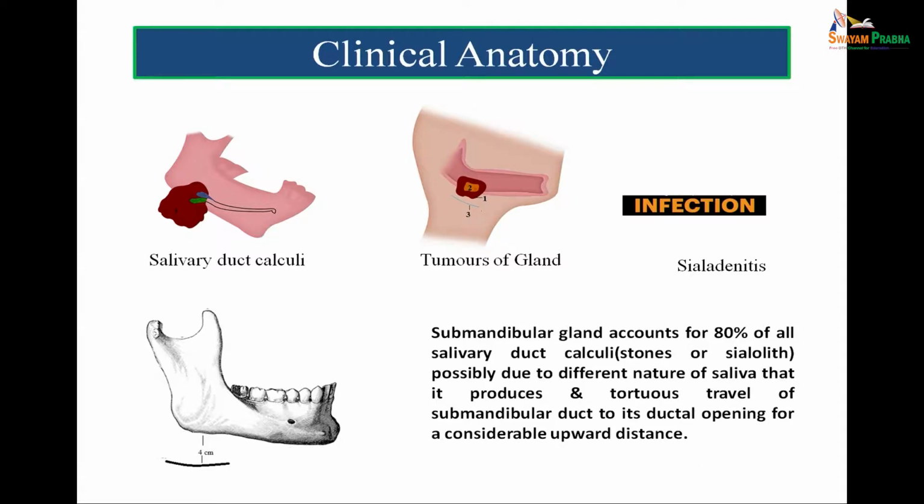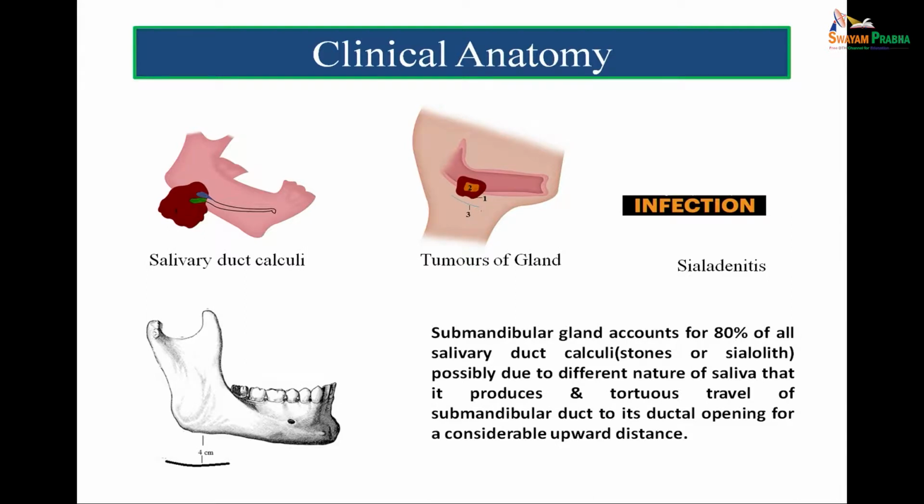The secretion of the mucus acini is viscous in nature, so it facilitates stone formation. And the submandibular salivary duct also moves upwards for some distance, and due to this anti-gravity motion and the viscous nature of the secretion, it is predisposed to stone formation.